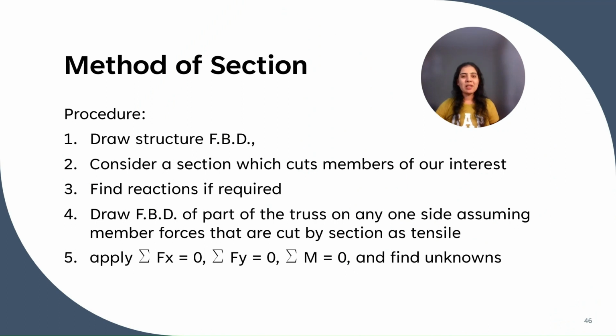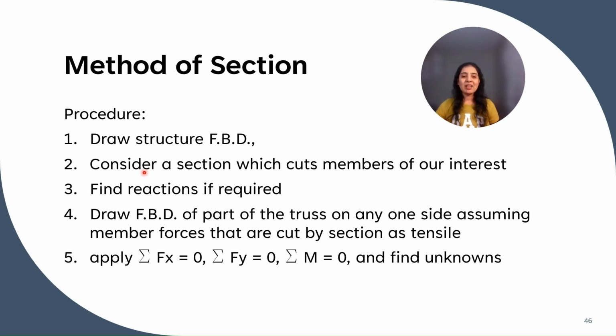So the typical procedure to solve the problems with method of section is like this. First, you have to draw structure FBD. So what is a structure FBD? When you remove all the supports and show the reactions offered by supports and the FBD is drawn, then it is a structure FBD.